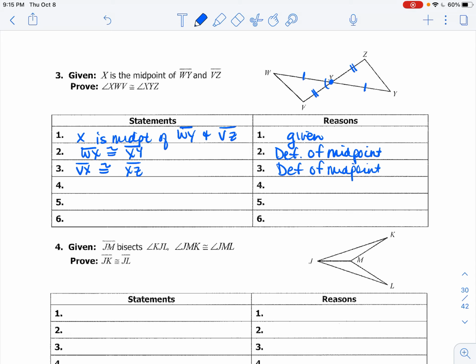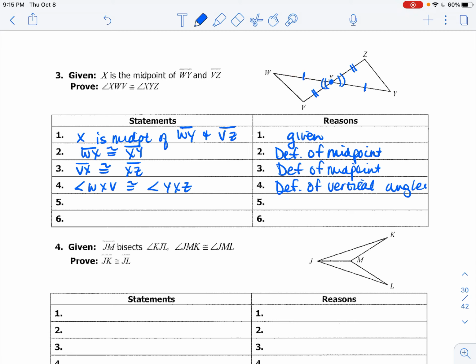All right, we also have vertical angles here. Right here at angle X, we've got WXV and YXZ. So let's write that down. Angle WXV is congruent to angle YXZ, and this is the definition of vertical angles. And now we can see that we have a side with an angle and another side.